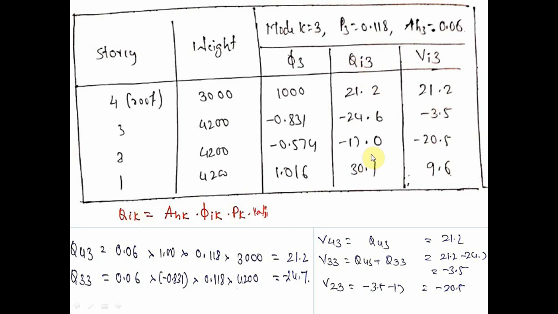First calculate Q3, then go on calculating V3. V3 is a summation. So 21.2 at roof remains the same. 21.2 plus minus 24.6, I get minus 3.5. Then minus 3.5 minus 17 gives minus 20.5, and minus 20.5 plus 30.1 gives 9.6. So this is how I get these values.